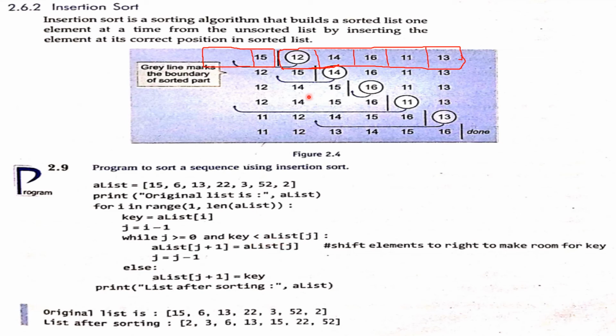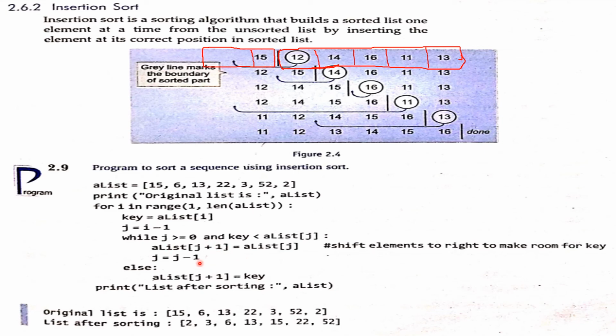When both conditions are true, then the element at j plus 1 will be replaced by list of j, meaning this element will be shifted here. That means list of j plus 1 equals list of j, so the value of this will be shifted here and this value will come here.